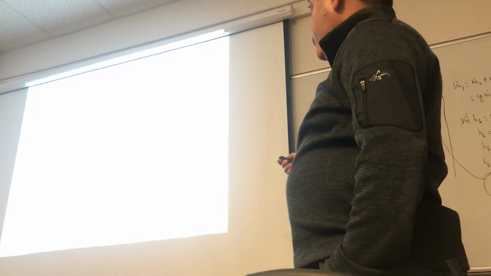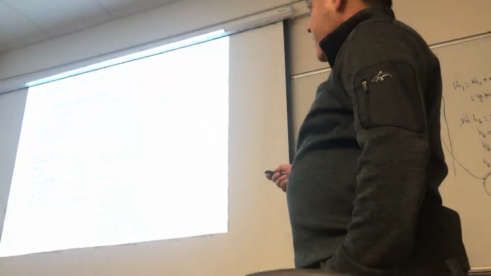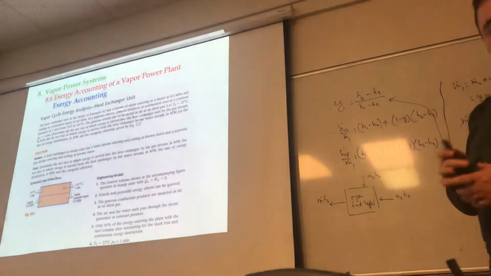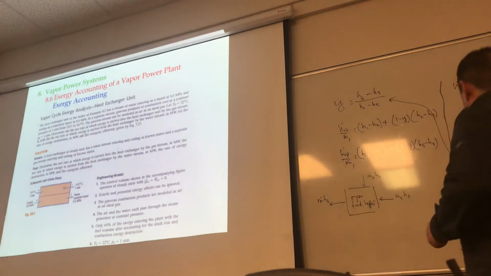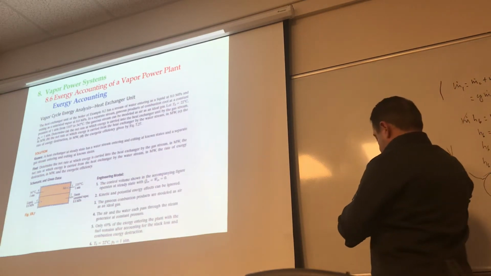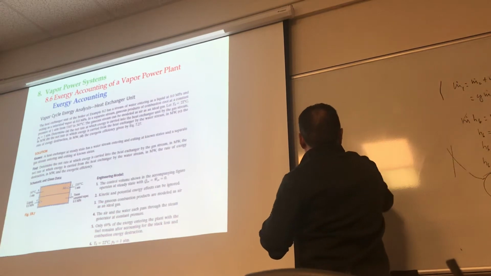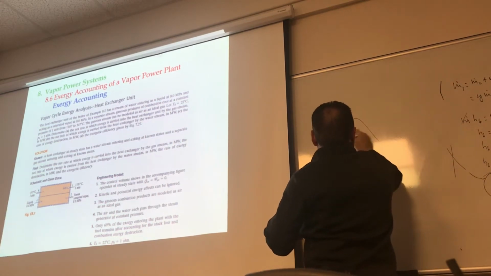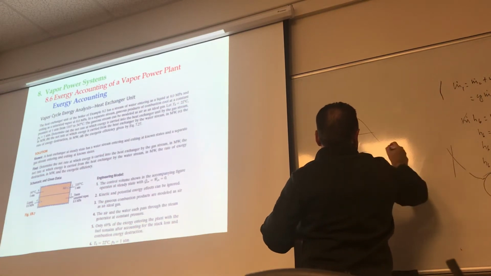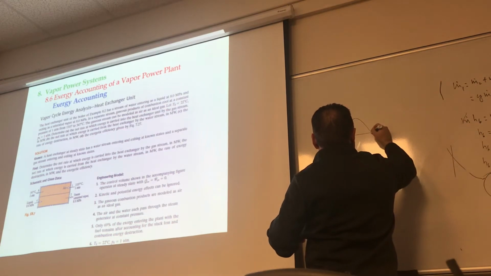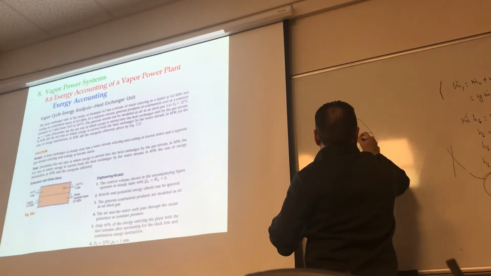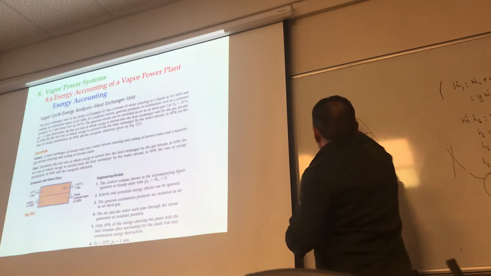has a stream of water entering as a liquid at 8 megapascals and exiting as saturated vapor at 8 megapascals. So in other words, this is what's happening on a TS diagram.